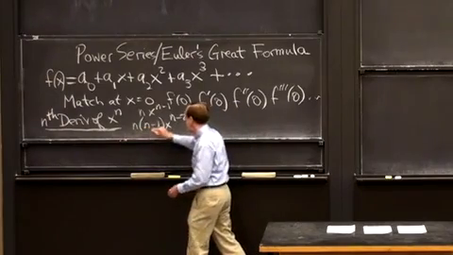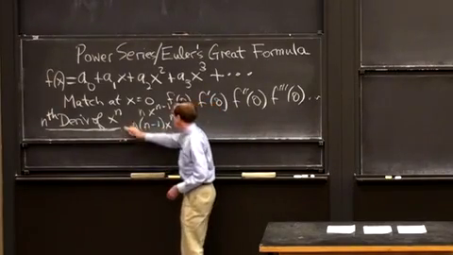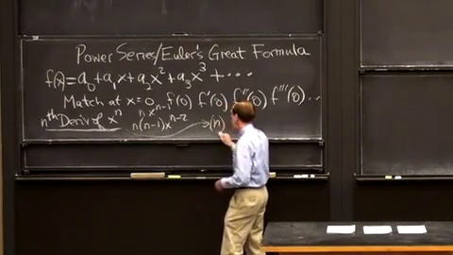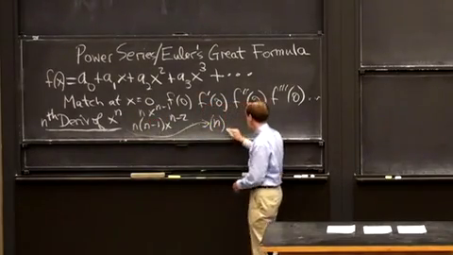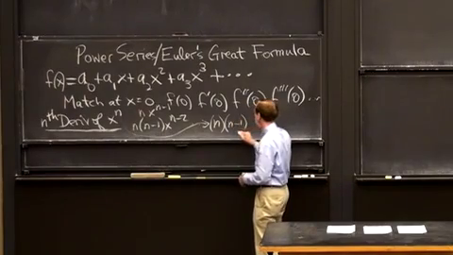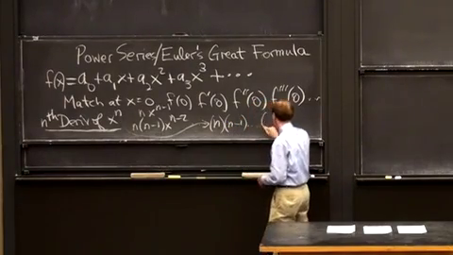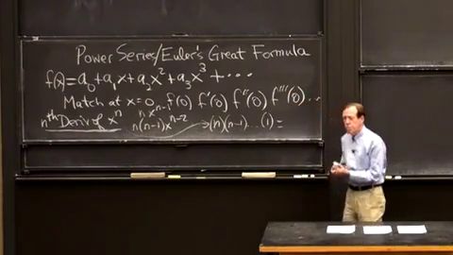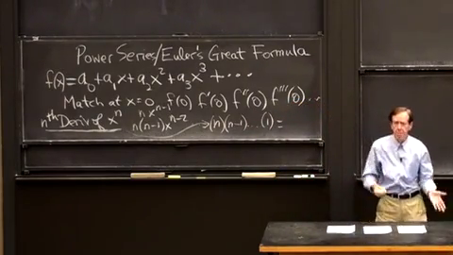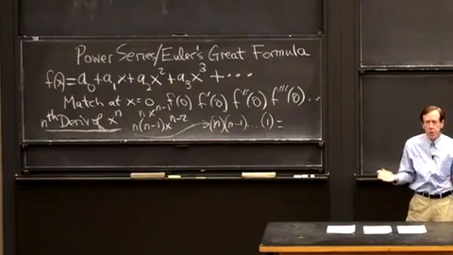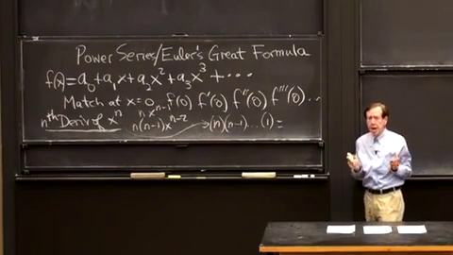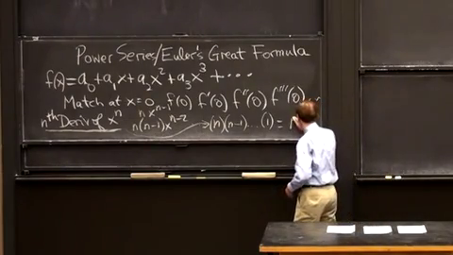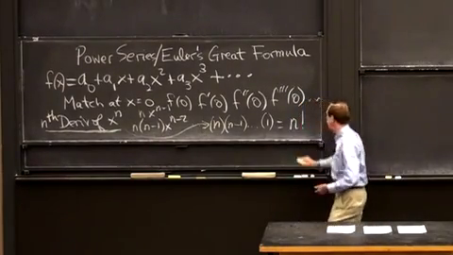It's n times n minus 1, so that nth derivative will be n from the first, n minus 1 from the second. Keep multiplying until you finally get down to 1. And of course, because it comes up often enough, it has its own special name, n factorial. It's written n with an exclamation mark.